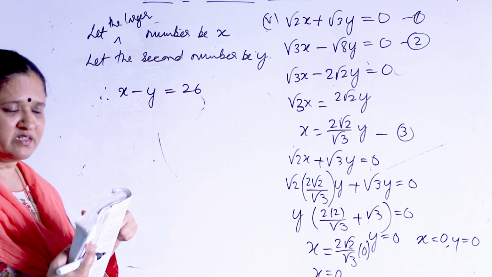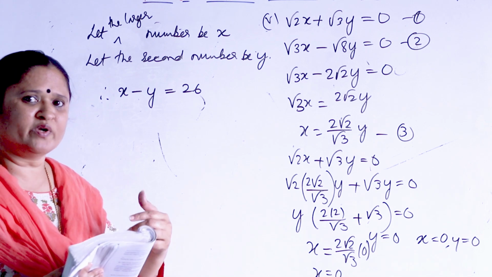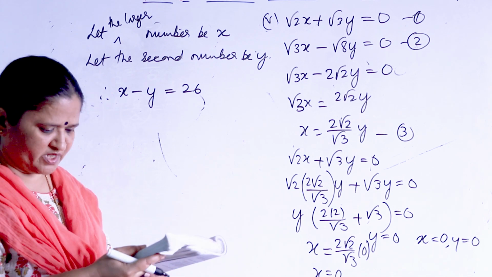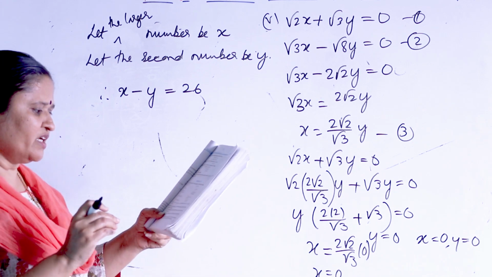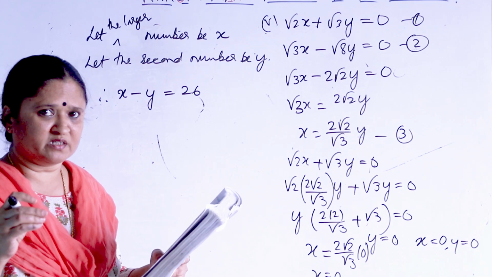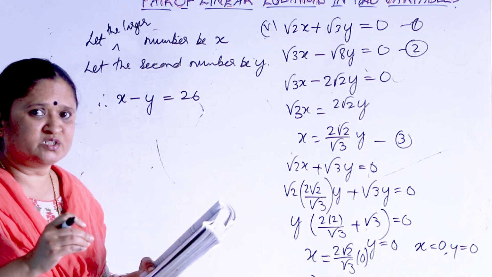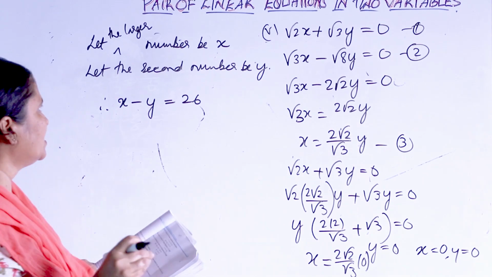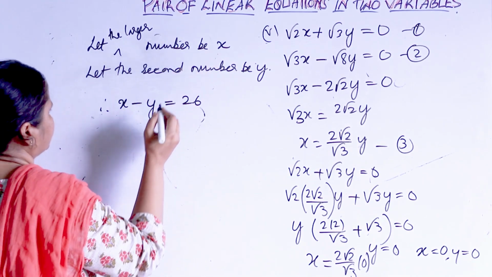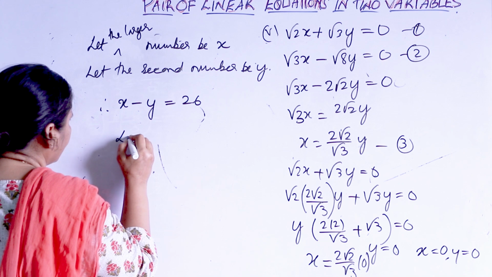And from the remaining part of the sum, let's see how we can derive the second equation. It says that one number is 3 times the other number. That means the larger number is 3 times the other number. Which is the larger number here? X. Okay. Now you write this. Okay.